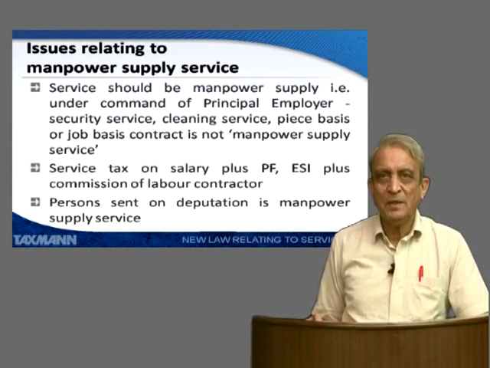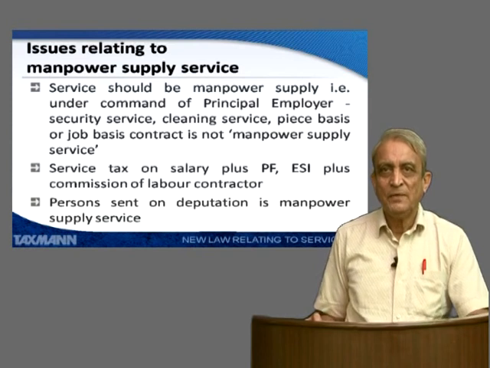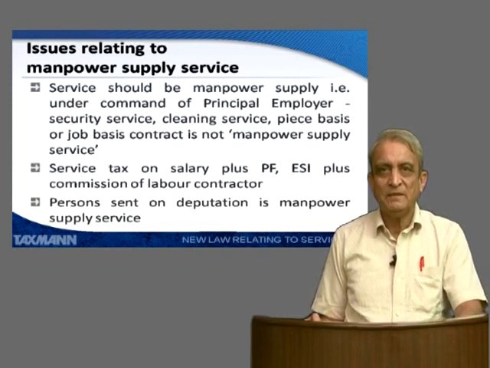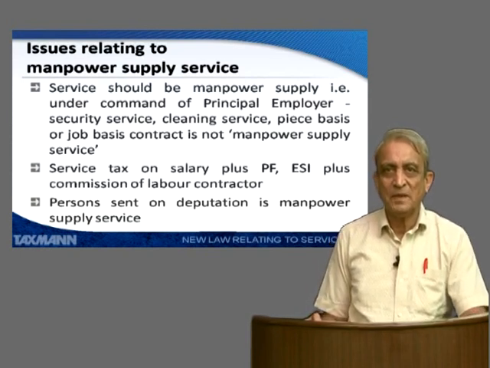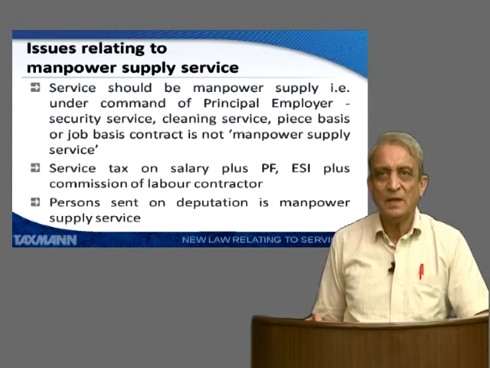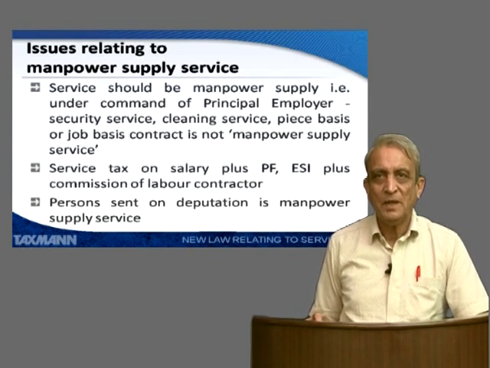Hence, it is advisable to ensure that the contract is properly drafted to indicate that it is not a manpower supply service. For example, if a contract with a security agency provides that he will make arrangement for 10 security guards, that itself does not mean that he has agreed to 10 persons as manpower supplier and then they will work under the control of the principal employer.